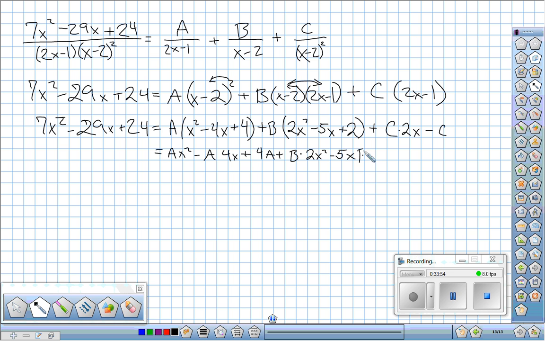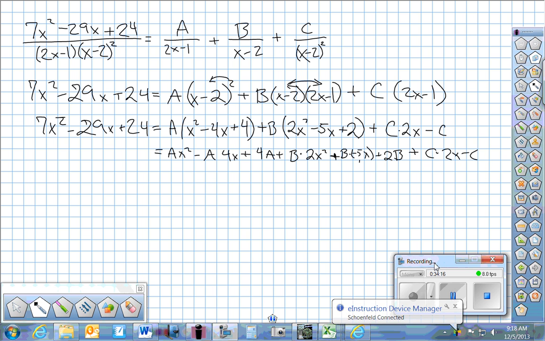I'm forgetting my b. B, 5x. I'm going to do a plus here and a negative 5x here. Plus 2b. And then I rewrite the c times 2x minus c.